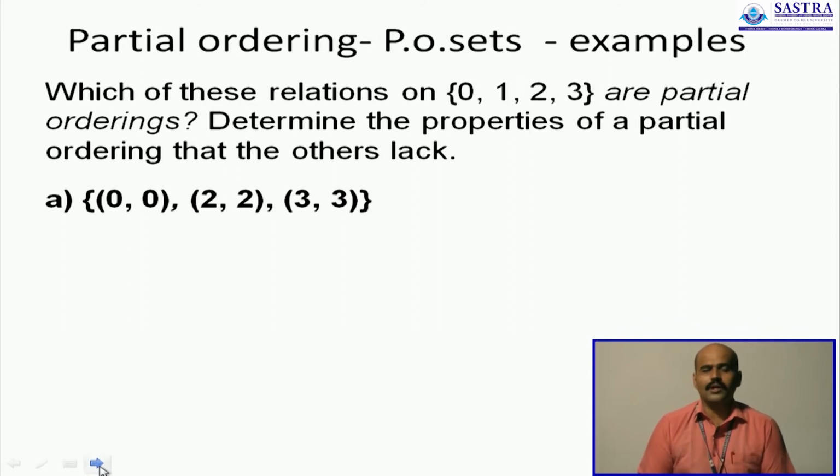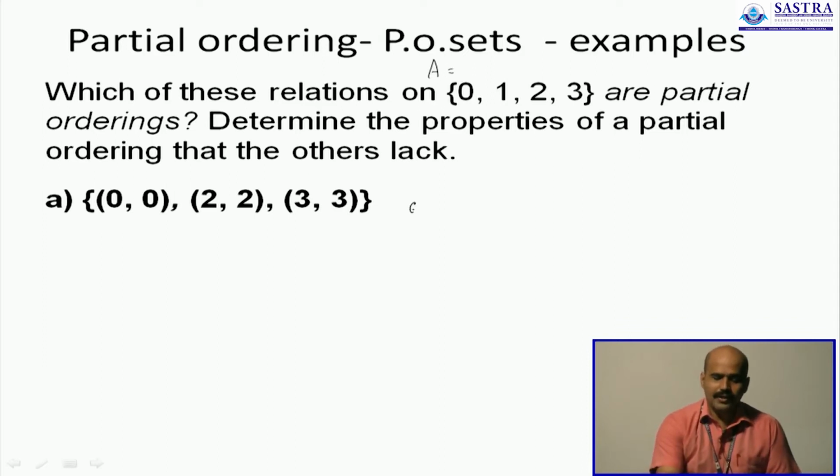Let's have a look at a couple of relations and try and find out if these are actually partial orderings. We are considering only one set before us, the set A, having 4 elements 0, 1, 2 and 3. The first example has 3 ordered pairs 0, 0, 2, 2 and 3, 3. Clearly this relation is not reflexive.